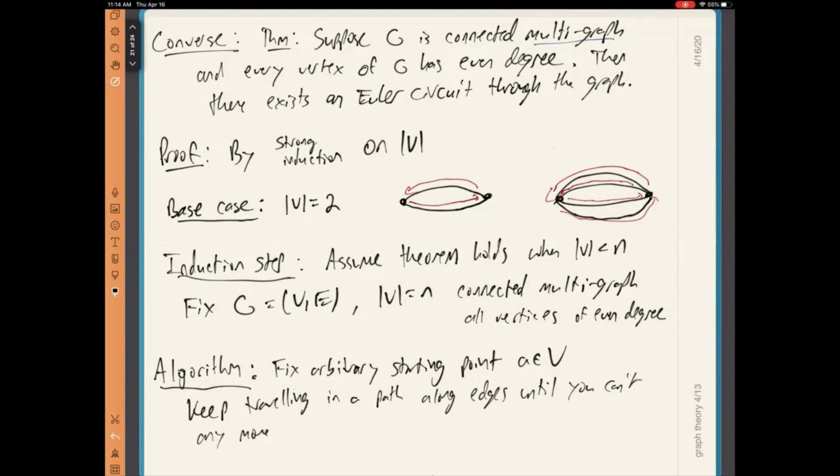And so what does it mean that you can't travel anymore? Well, it means that any potential edge you could travel along has already been traversed, right? So keep going until you hit a vertex such that every edge leaving that vertex has already been traveled.